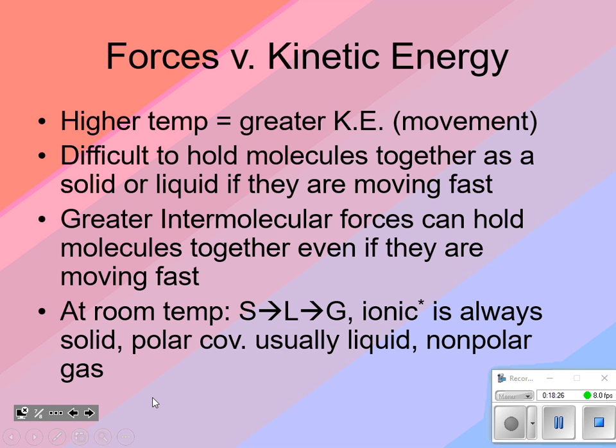General rule of thumb when we look at room conditions, ionic compounds and metallic, although this is more focused on ionic. Ionic compounds are a solid at room temperature. Pretty common that polar covalents could be liquids, and nonpolar covalents, especially if they're small, are a gas.